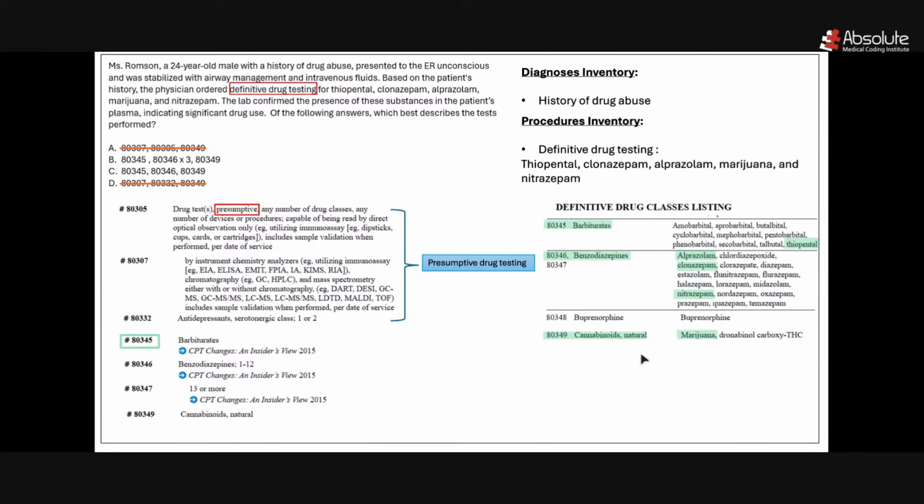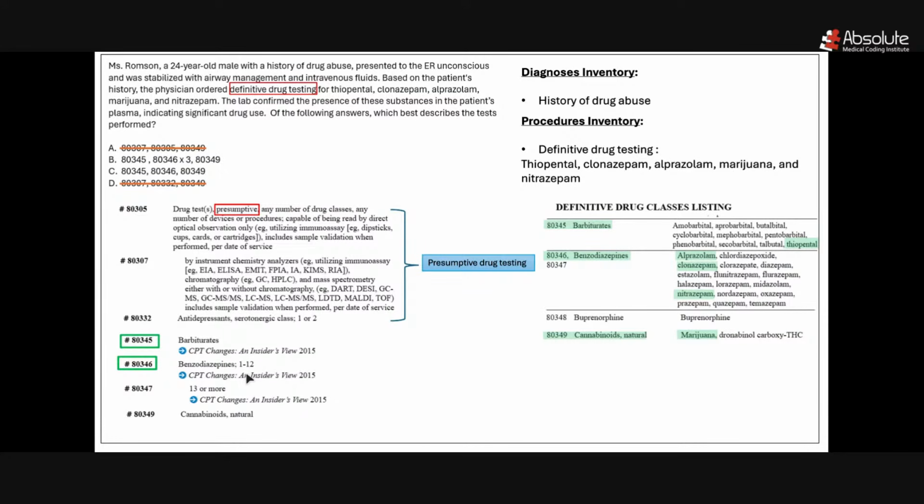Now let's look into these codes. Barbiturates are straightforward: 80345. Under benzodiazepines, we had alprazolam, clonazepam, and nitrazepam performed. So that's three drugs under the classification of benzodiazepine. And 80346 is coding for benzodiazepine, 1 to 12 drugs or metabolites.